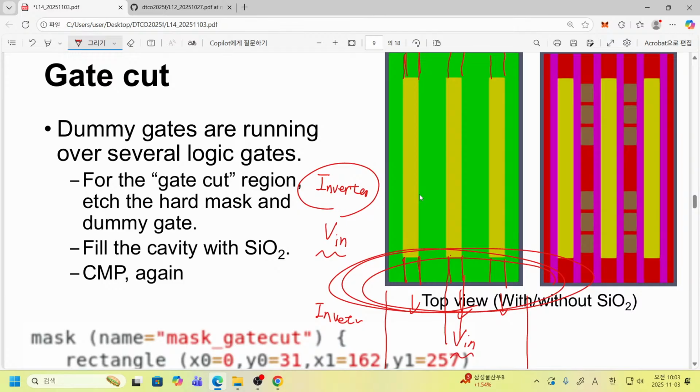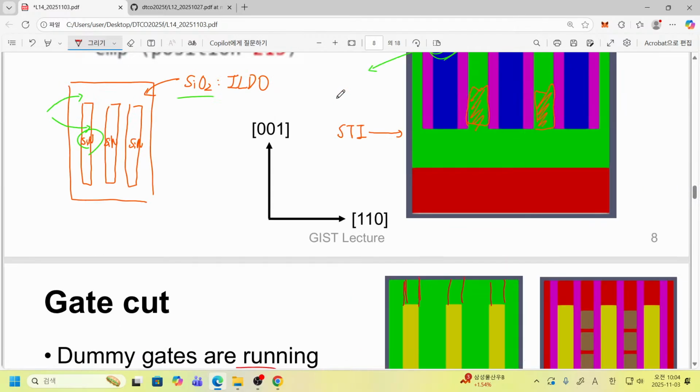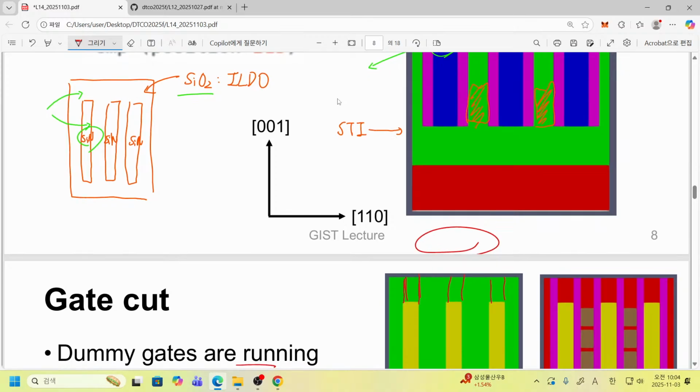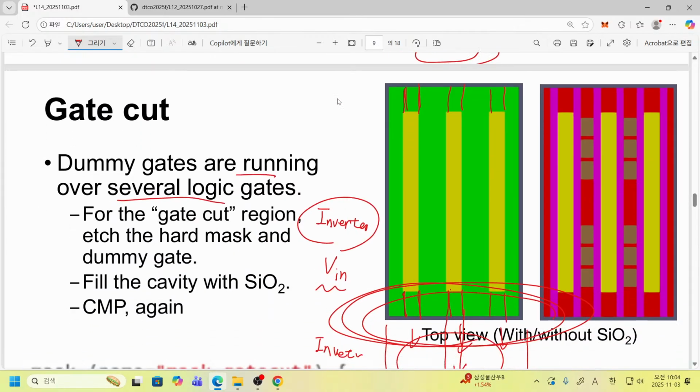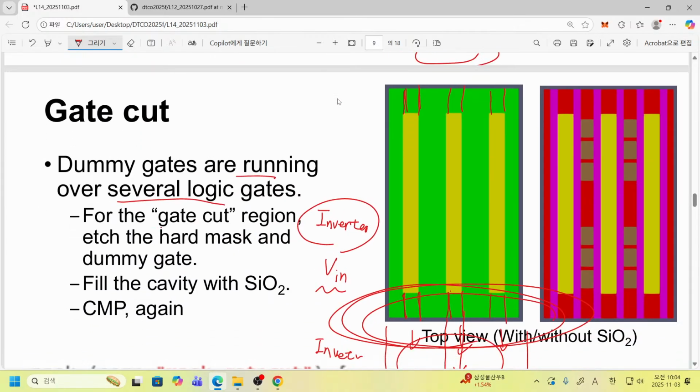Anyway, dummy gates are originally running over several logic gates. Here below we have another logic gate, and also of course here we have another logic gate, but they should be separated. So for the gate cut, etch the hard mask and dummy gate.